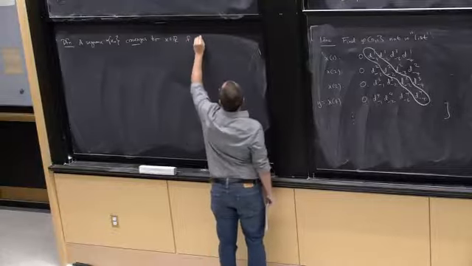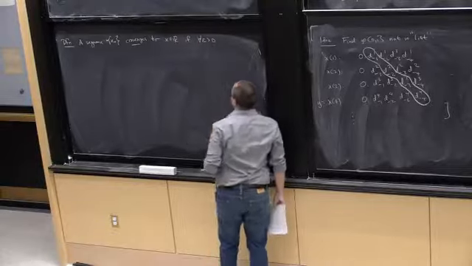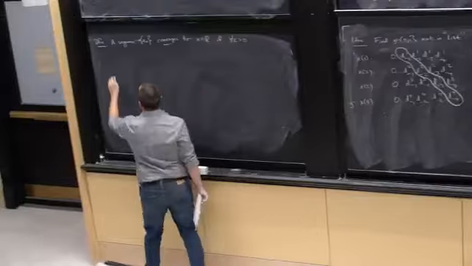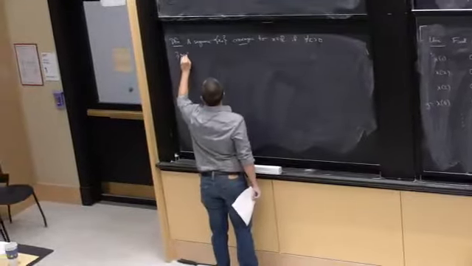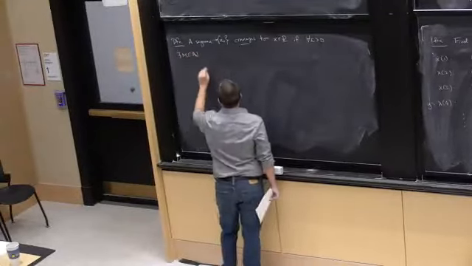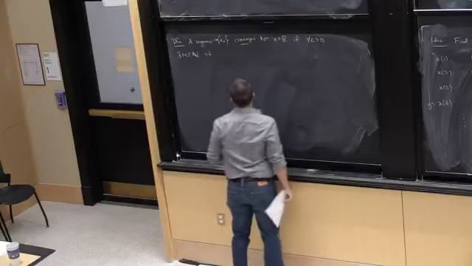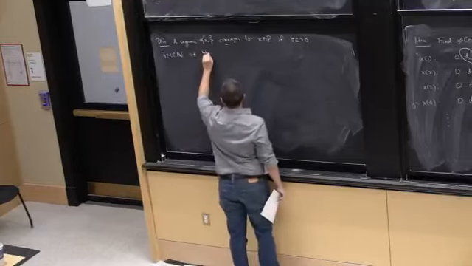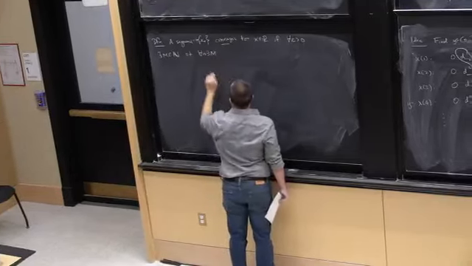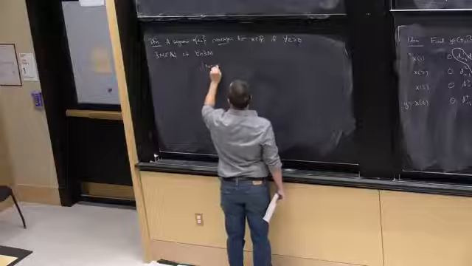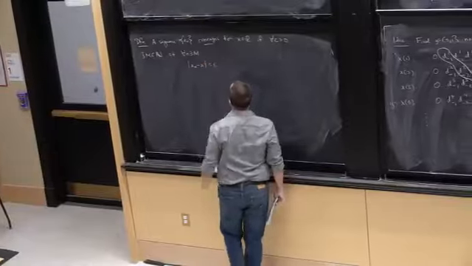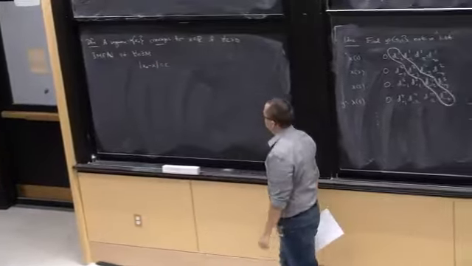If for every epsilon positive, there exists a natural number capital M such that for all n bigger than or equal to capital M, x_n minus x in absolute value is less than epsilon. Okay?